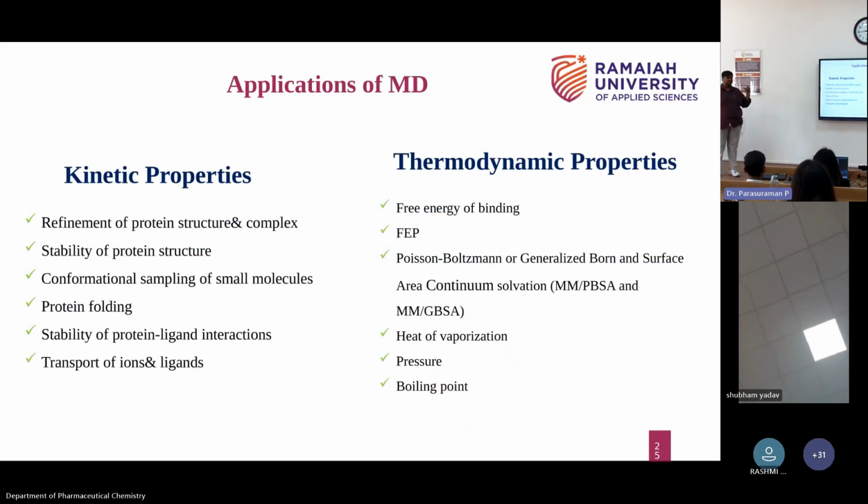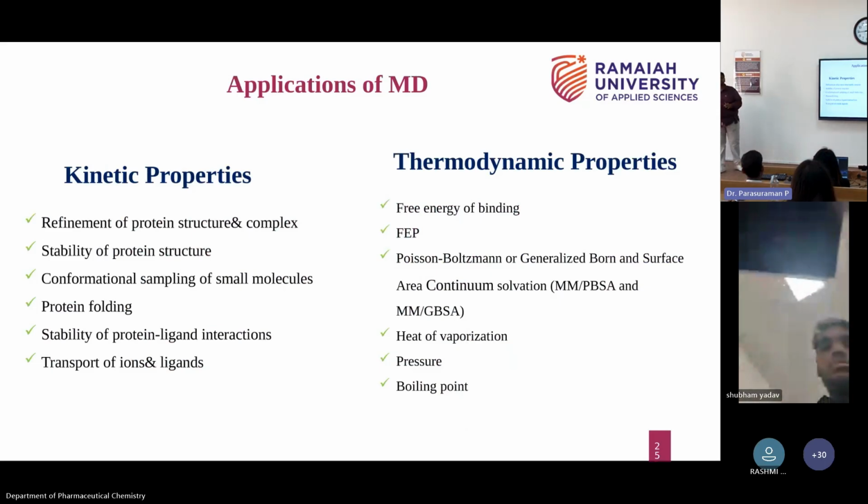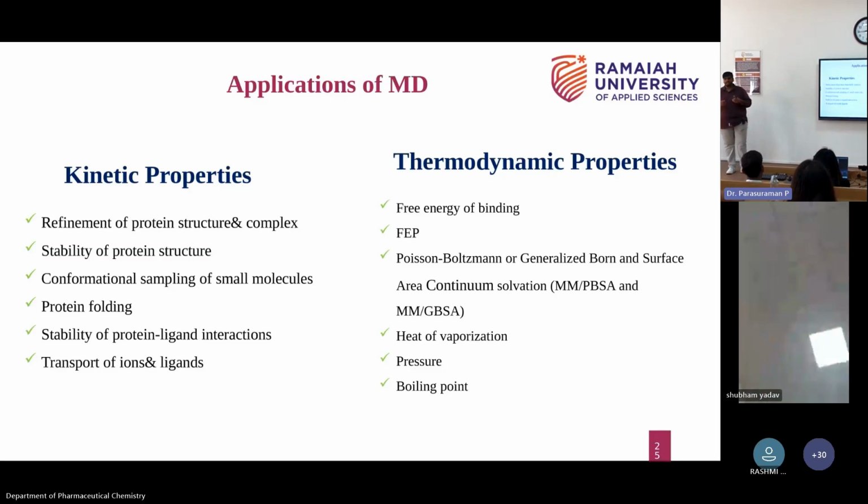In the applications, in the kinetic properties, we'll be seeing the structural properties of the particular complex or the protein. For example, if you have developed a protein from homology modeling, we can refine the protein, and we can refine the complex also.